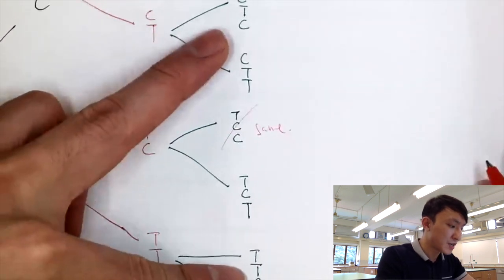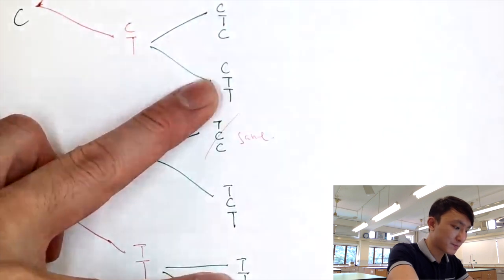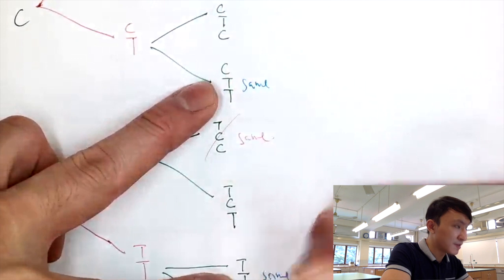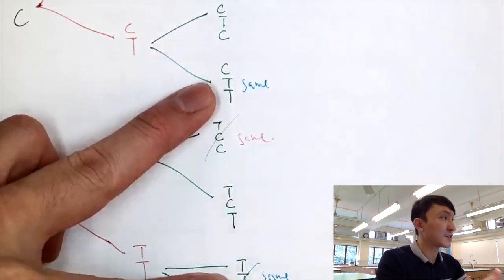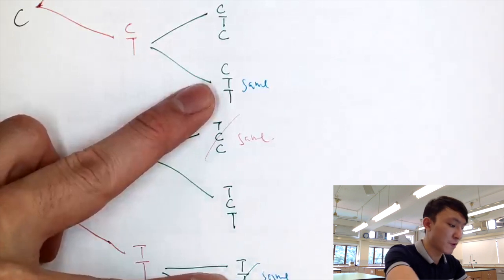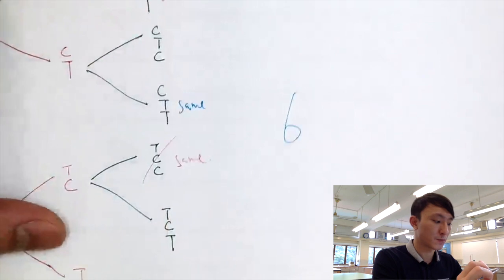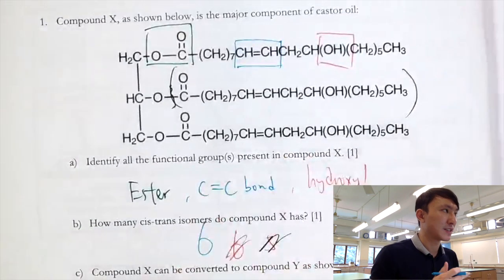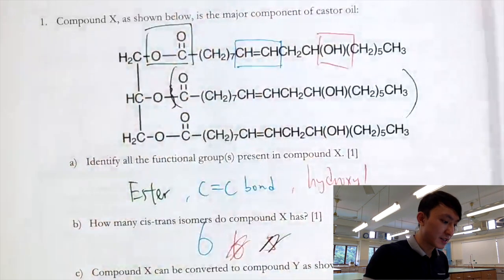So these 2, again, are the same, so you can delete one of them. And the others will be different from one another. So altogether, there should be 6 isomers. So this one, the answer is 6. Yeah, this one is quite challenging. I didn't think about how it is actually quite complicated.